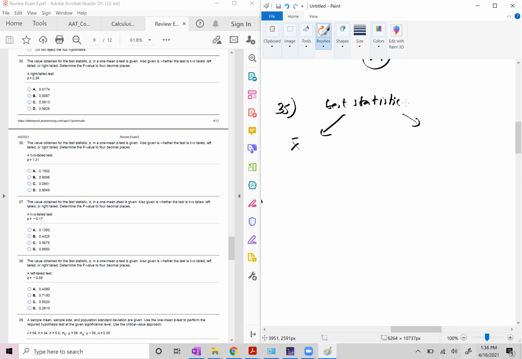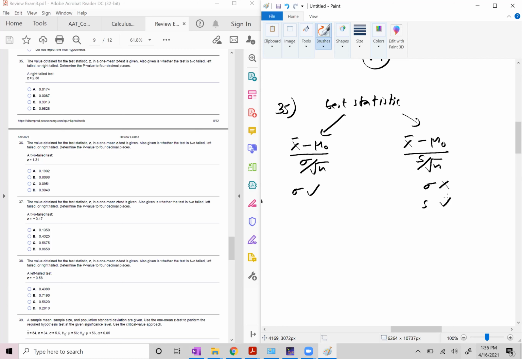You're not asked to calculate the test statistic in this particular question. So I will simply tell you the equation. There are two equations like this. One is like this when sigma is known, and there's another one like this to use when sigma is unknown. Sample standard deviation is known.